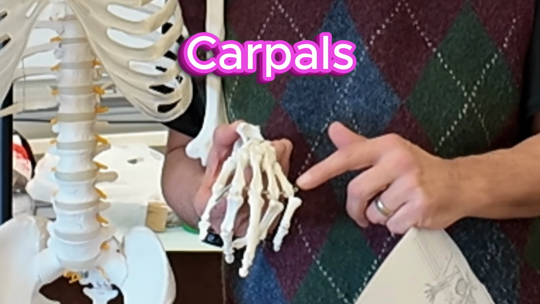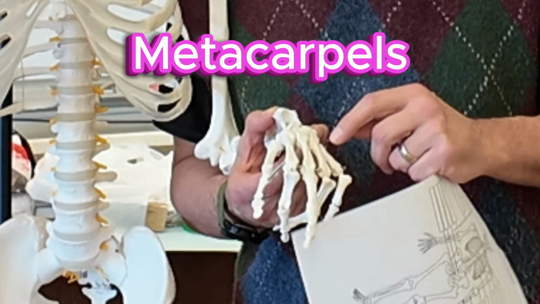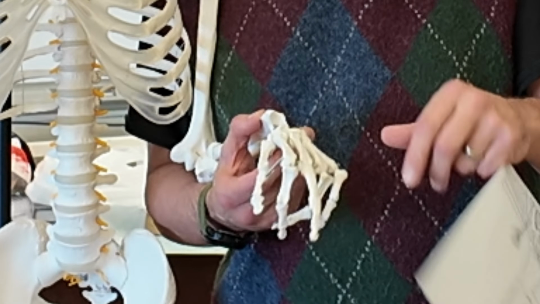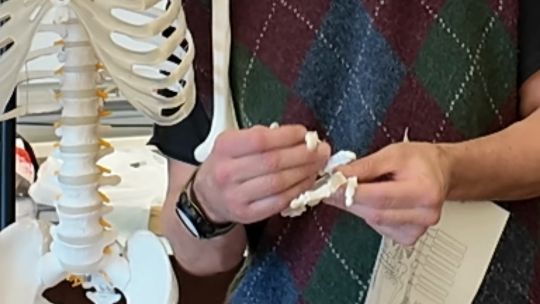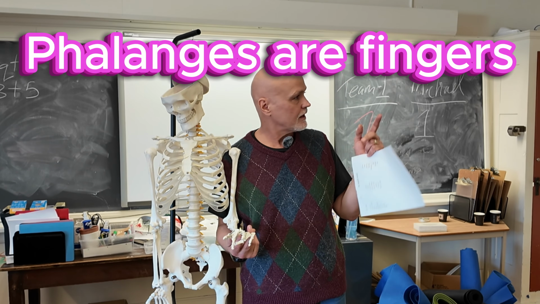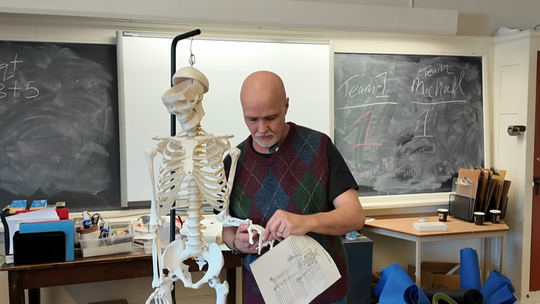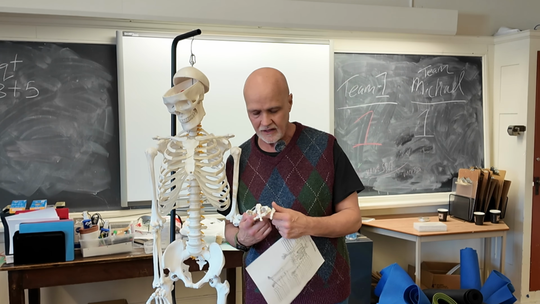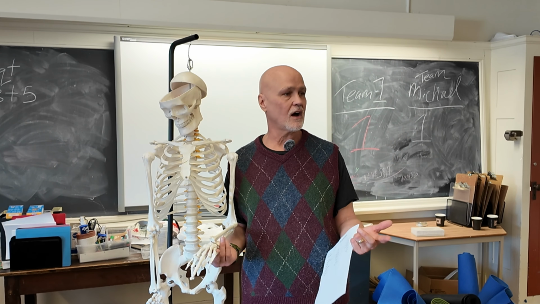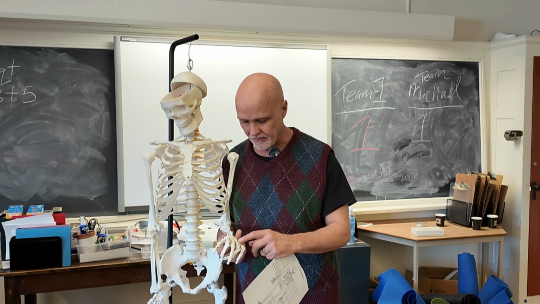Am I right on that? Yeah, and they have little tubes that surround them. Sometimes if you overuse your hands, like on a keyboard, tappity, tappity, tap, you're gonna get inflammation of the tunnels surrounding the carpals, and you call that carpal tunnel syndrome. And that's a pretty common form of tendinitis that people get.